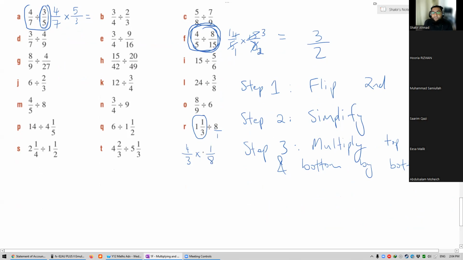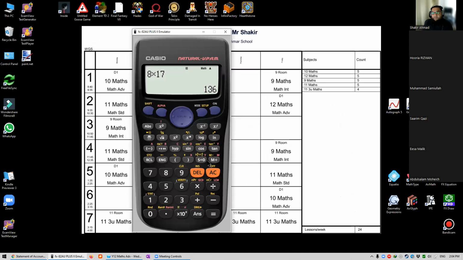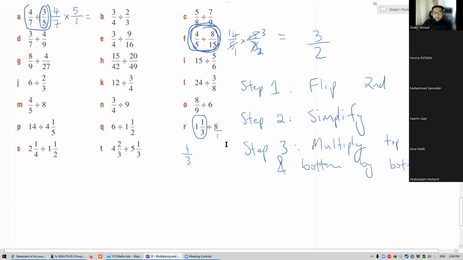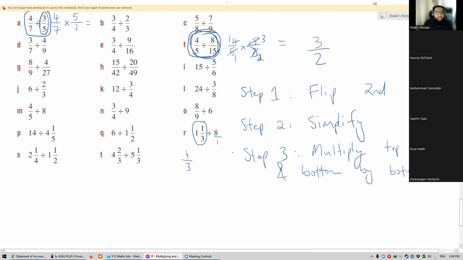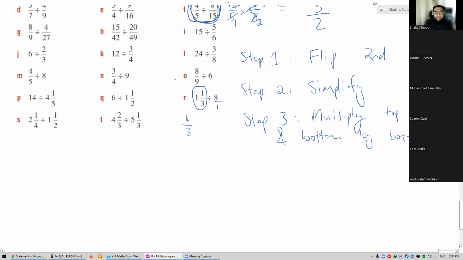Step 2, simplify. 4 divided by 4 is 1. 8 divided by 4 is 2. 1 times 1 is 1. 3 times 2 is 6. And we're done.